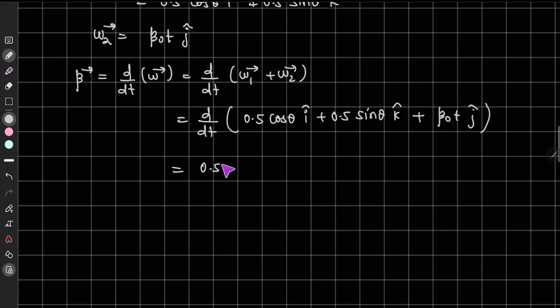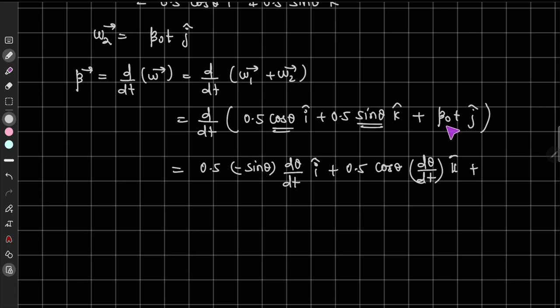Okay, let us differentiate this particular expression. So we will get 0.5 times the differentiation of cos theta, which is minus sin theta into d theta by dt, times i cap, plus 0.5 times the differentiation of sin theta, which is cos theta, and the derivative of theta is d theta by dt, k cap, plus the differentiation of beta naught t, which is beta naught, because beta naught is constant and the differentiation of t is 1.